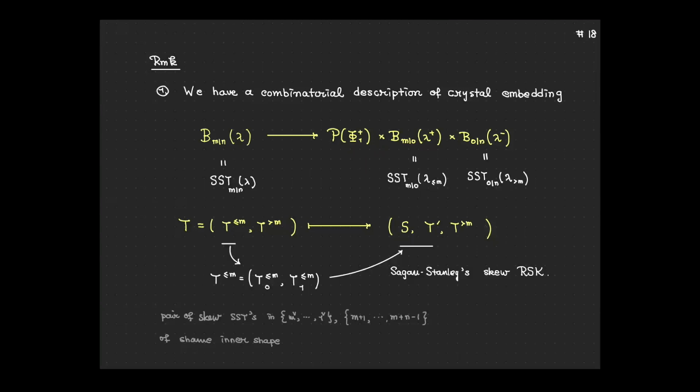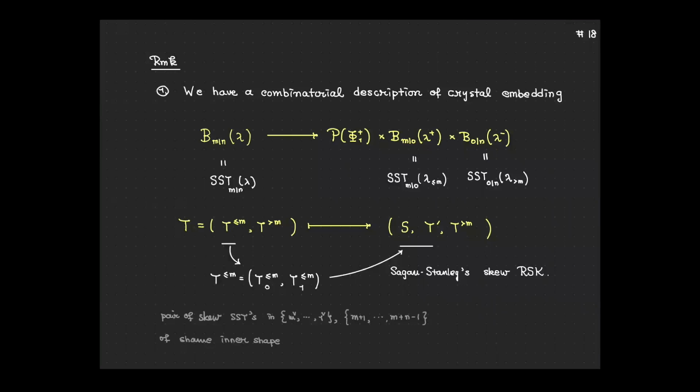Actually T_{≤m} is still an m|n hook semi-standard tableau. There is an alphabet from 1 to m, and also an alphabet from m+1 to m+n, so it's a mixed one.